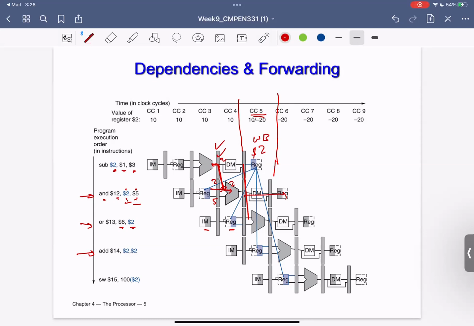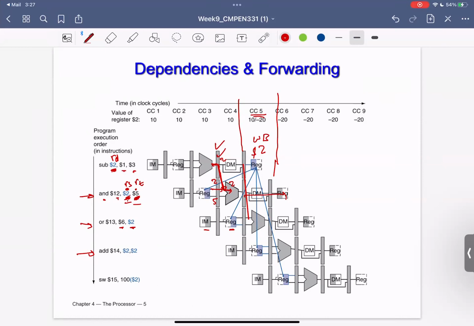Correct? First, I have to ask myself how I would be able to detect that and what I should do. First, I have to check if my RS or my RT is equal to the RD in my previous instruction or not. Because if my first source or my second source is equal to the destination of the previous instruction, this means that there will be a hazard, and then I would need to forward.